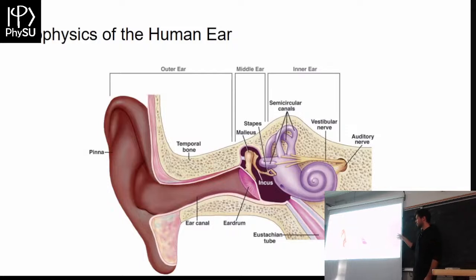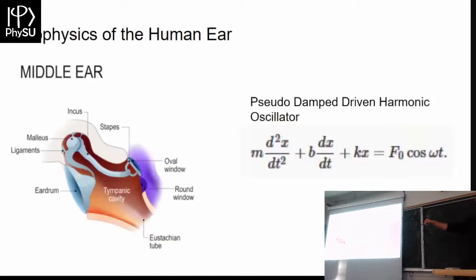Immediately we see some classical considerations. If you've been paying attention or if you've taken some classical physics, you might be able to associate the middle ear with damped harmonic oscillators, or driven damped harmonic oscillators. We can associate the eardrum and its movement induced by the sound waves as the driving component.